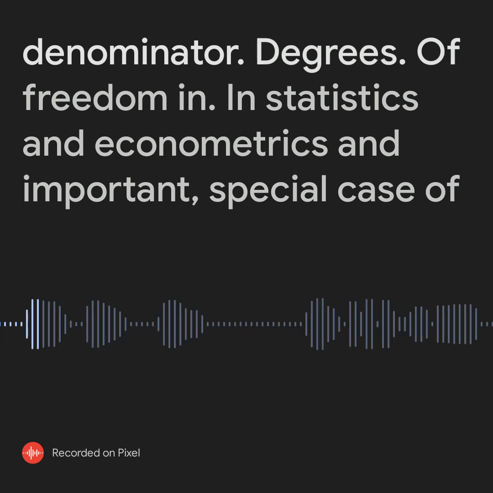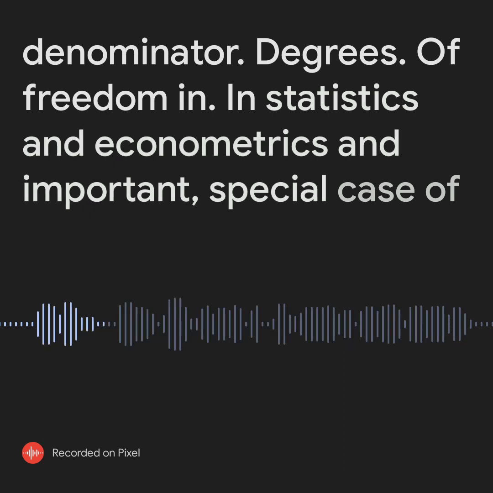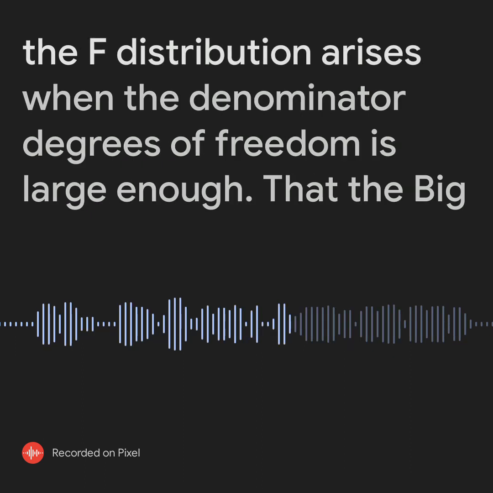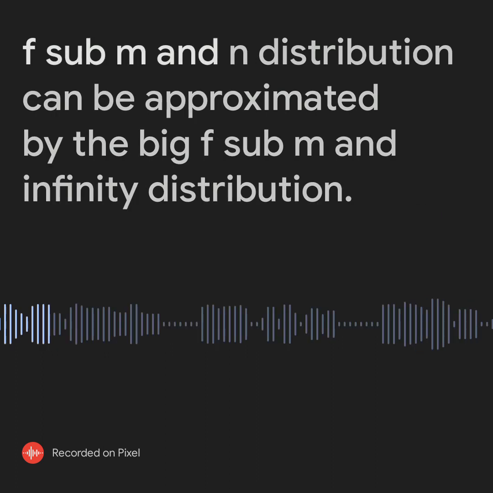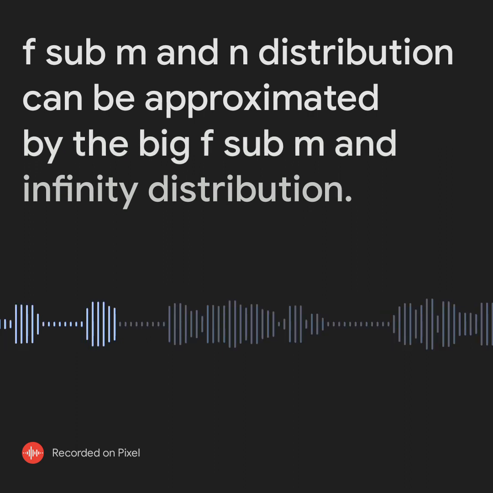In statistics and econometrics, an important special case of the F distribution arises when the denominator degrees of freedom is large enough that the big F sub m and n distribution can be approximated by the big F sub m and infinity distribution.